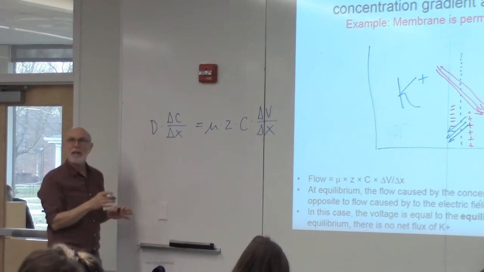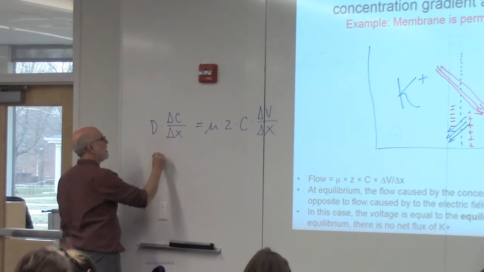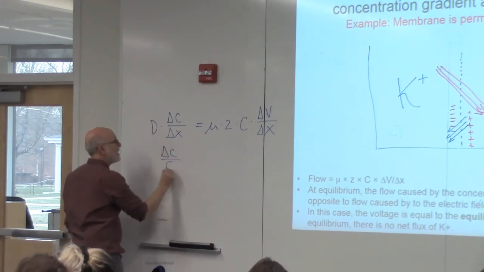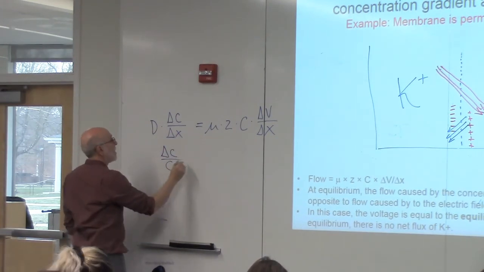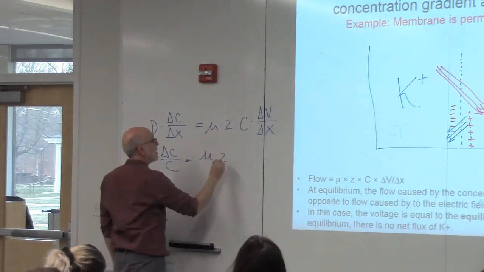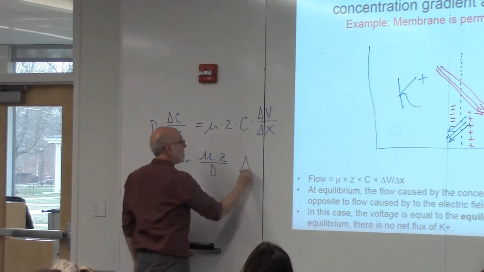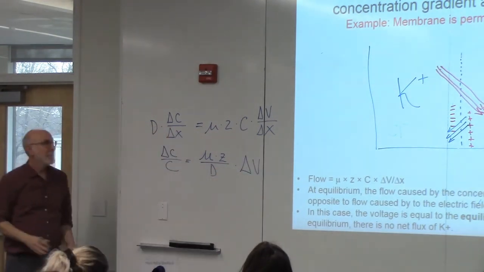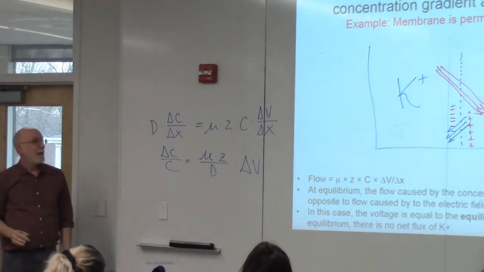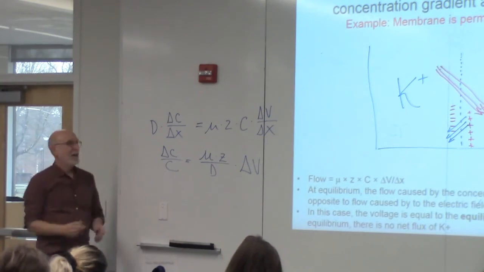Let me just show you a little bit how that would come. Those of you who like math, so we're going to have delta C over C equal to mu times Z divided by D times delta V. We're going to turn these deltas into d's and integrate it.